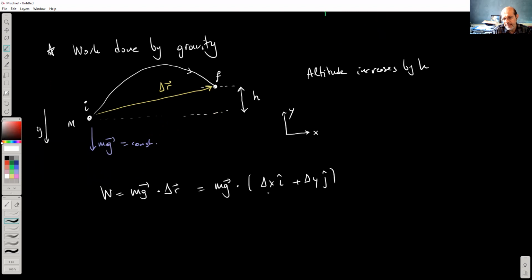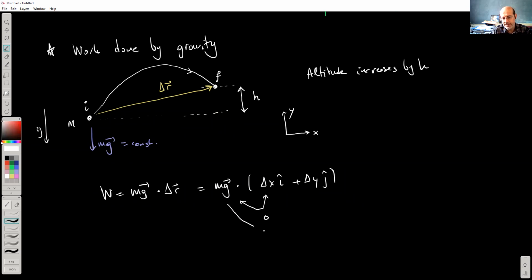And this dot product is equal to 0, because these two vectors are perpendicular to each other. In one case, the displacement is horizontal and the force is perpendicular to it. So the angle between them is 90 degrees, and therefore this particular dot product is equal to 0.